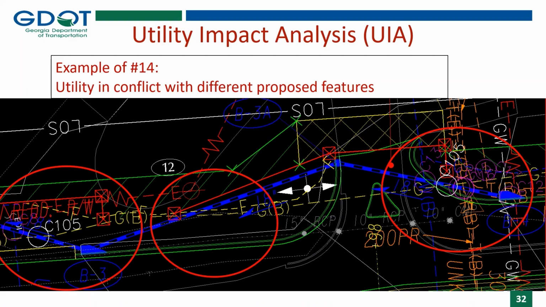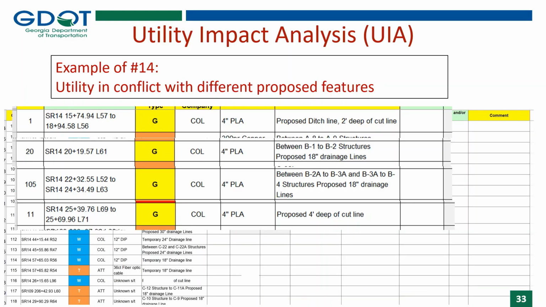How would that be displayed in the UIA? So we have conflict 105, station 22 plus 32. This is where the conflict begins, and then station 24 plus 34. This is where the conflict ends.